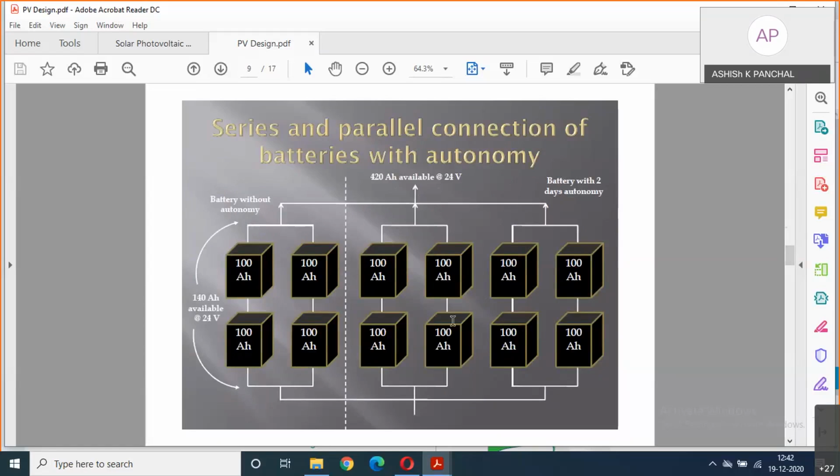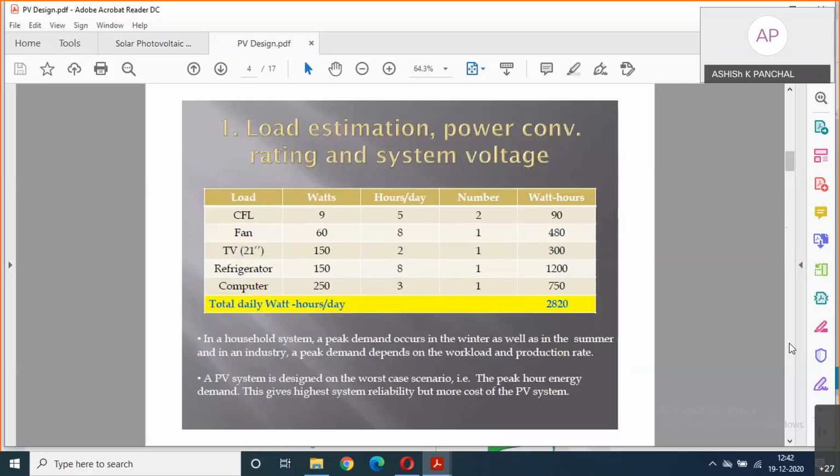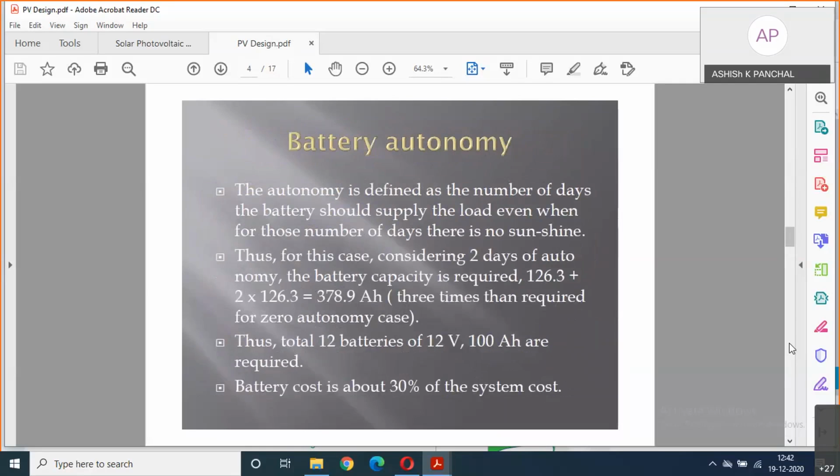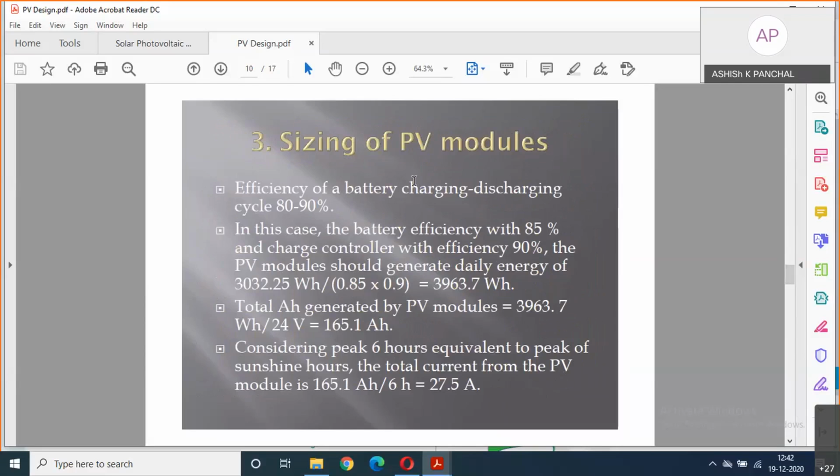Now, battery. Okay. So here, battery and the module.